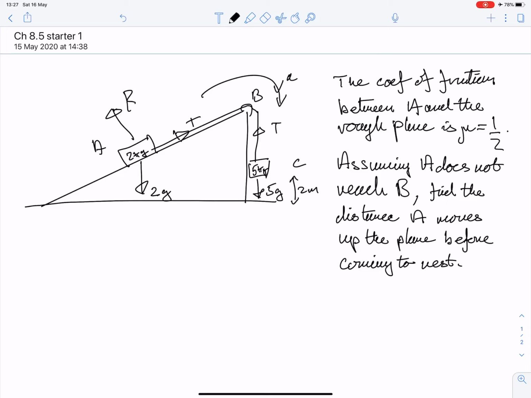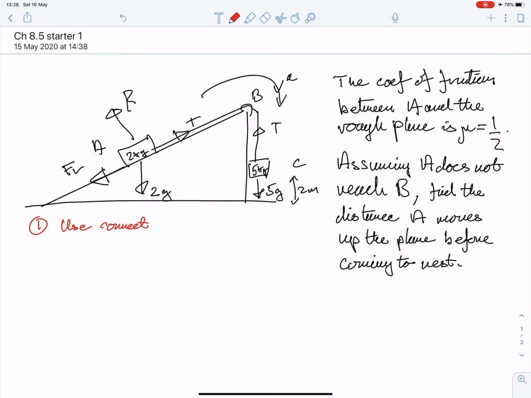So the additional forces we've got on here are the weight, 2g acting downwards. We've got a normal reaction, R, and we've got a friction opposing the motion up the plane. So they're the extra forces.